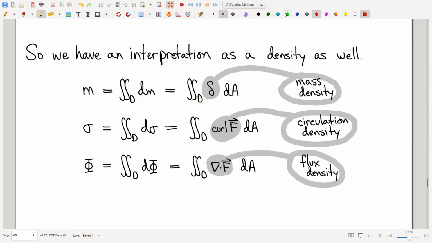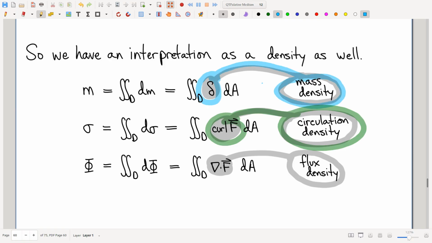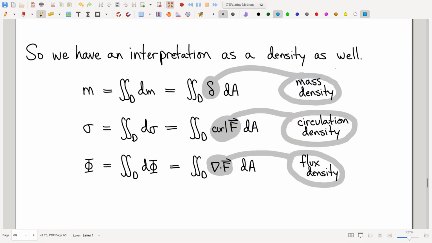We have very recently done this for boundary circulation, and I've pushed the idea that curl is circulation density, because look at this, it's playing exactly the analogous role that mass density plays. Okay? And now, same thing, we have an accumulating quantity called flux, that is outward-oriented boundary flux, and same deal, double integral of flux density.